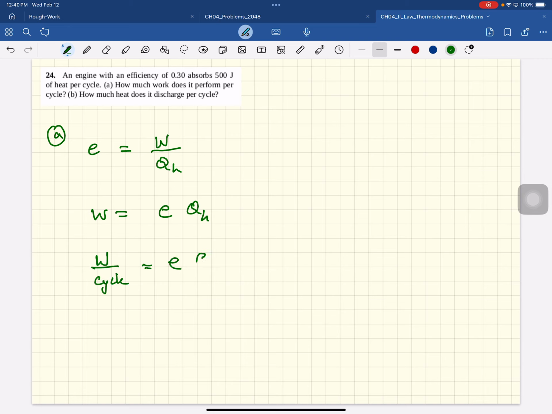The work done per cycle is the efficiency, 0.3, times the heat absorbed per cycle, 500 joules, which is 150 joules per cycle.